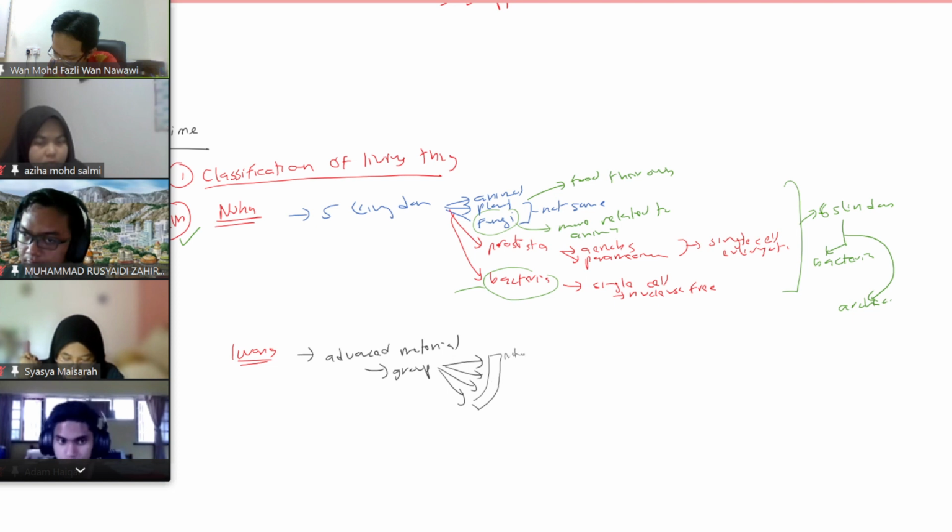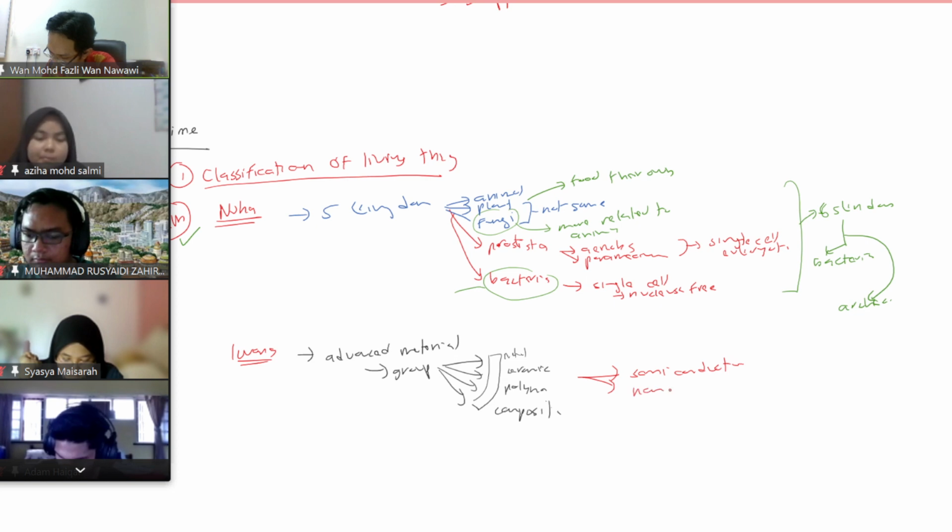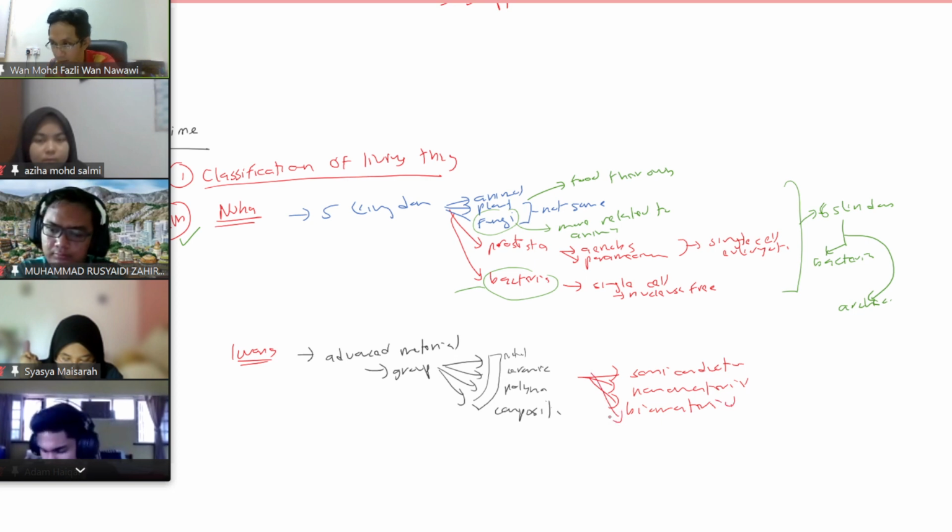Advanced materials have 4 major types, which are semiconductor, biomaterial, smart material, and nanomaterial. All these 4 are mainly used in high technology and are more applicable compared to the rest. So yeah, those are advanced materials.